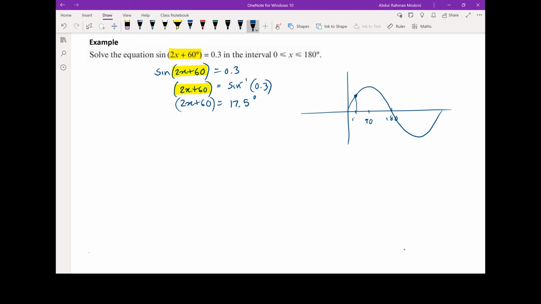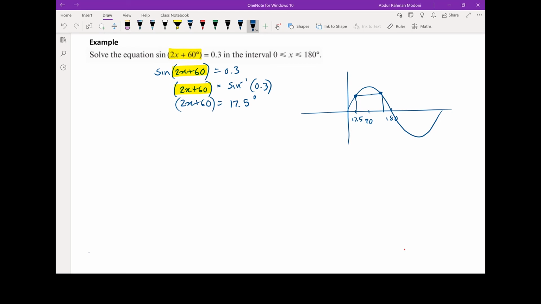Now let's go and find all the other solutions within that one cycle for the sine curve that give us the same answer of 0.3. So the other solution that we've got is here. We'll find out what this angle is using the property of symmetry.